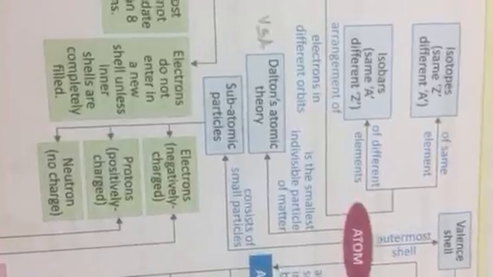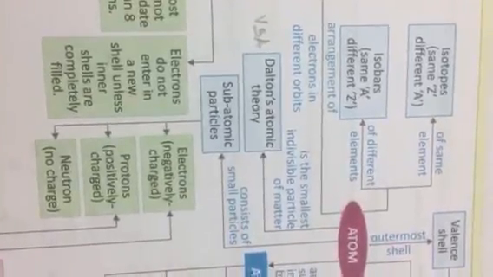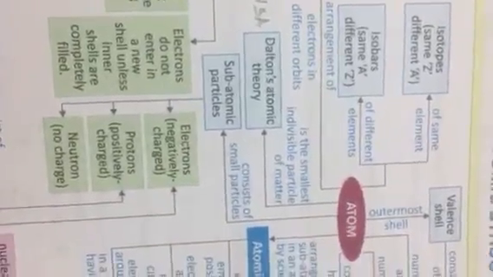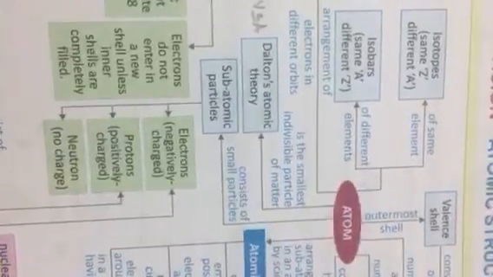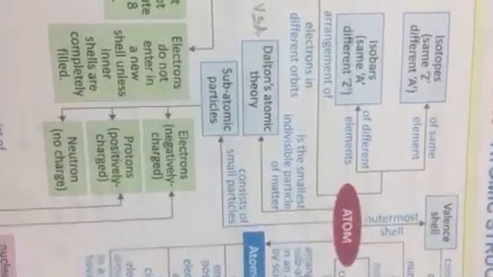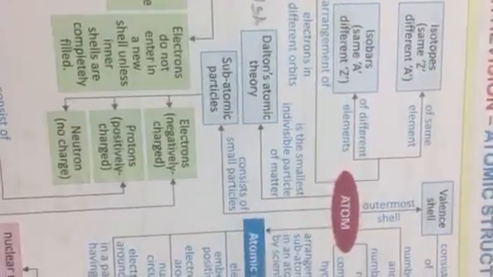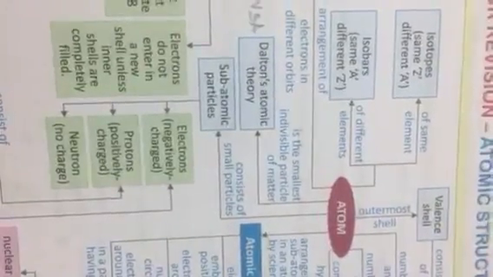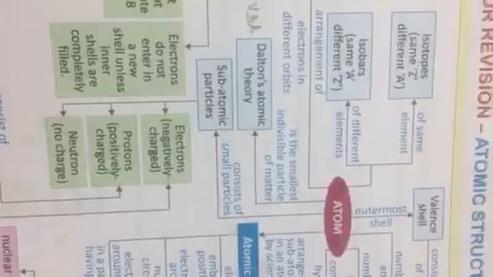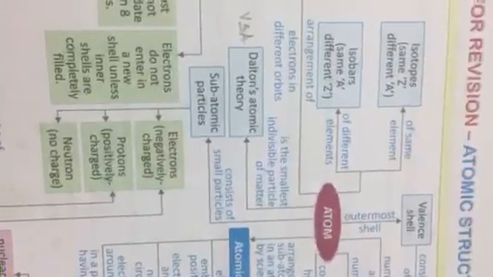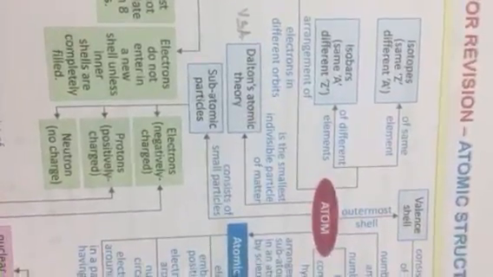When the question comes, write about Dalton's atomic theory, you write this point. According to Dalton atomic theory, atom is the smallest particle of matter. That is the fundamental unit of matter.